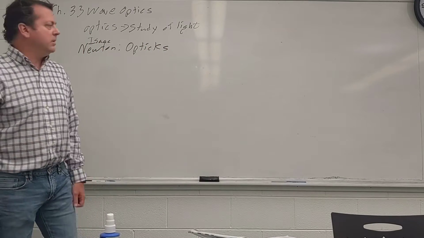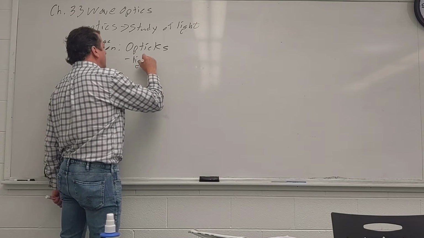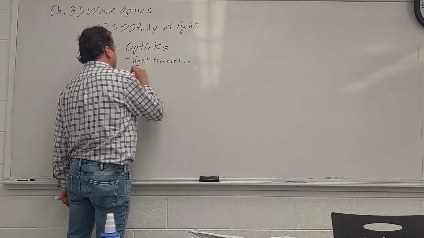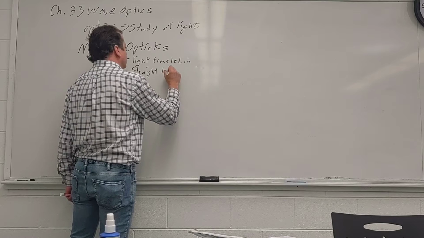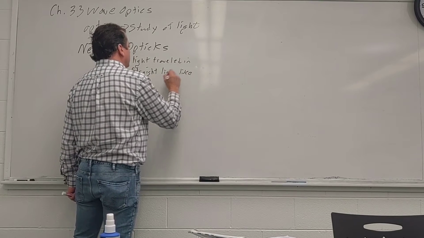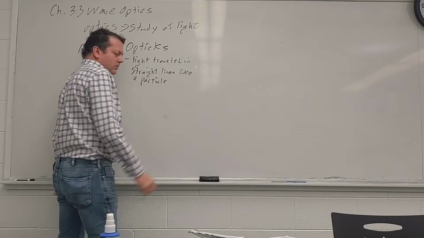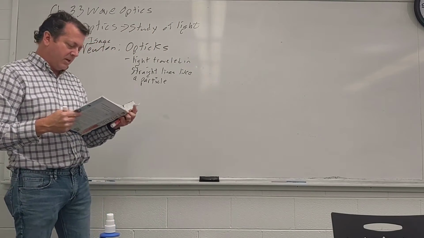And basically Newton espoused what we're going to see, that light traveled in straight lines like a particle. Newton wrote a book on it, and he talks about different phenomena.